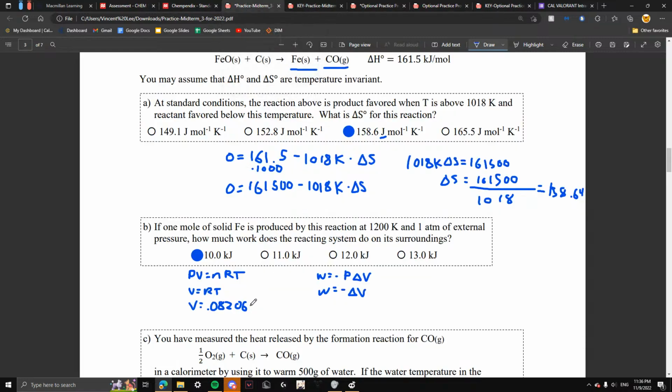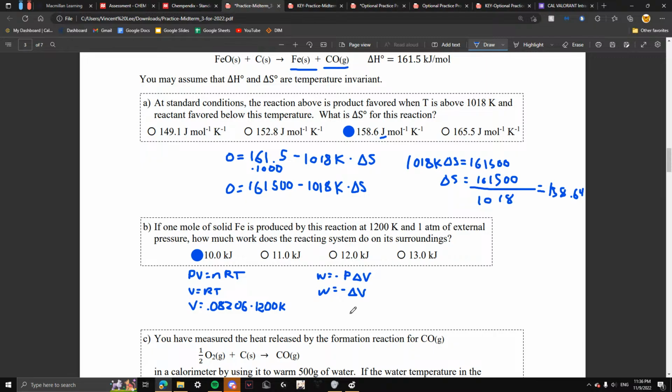Yes. Times T, which gives us 1200 Kelvin.